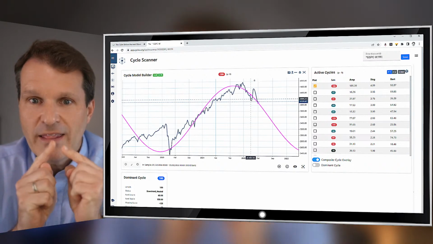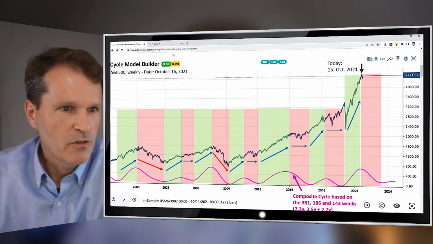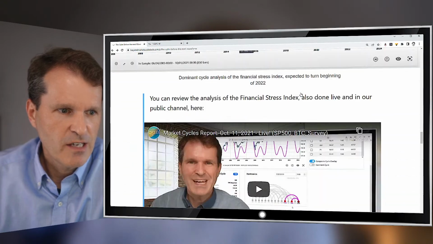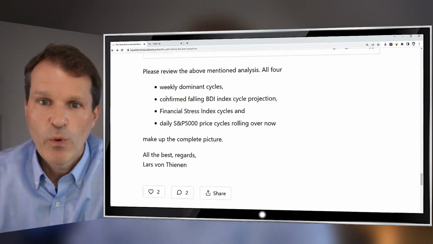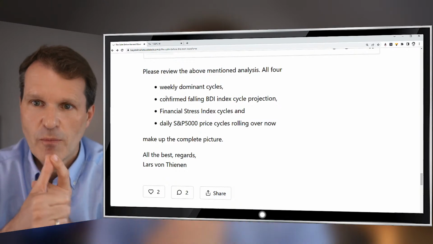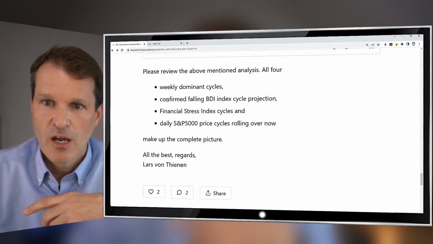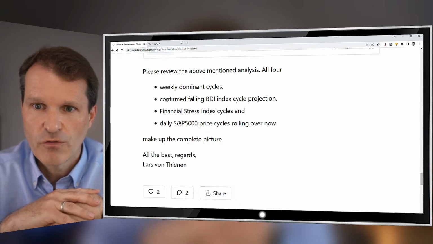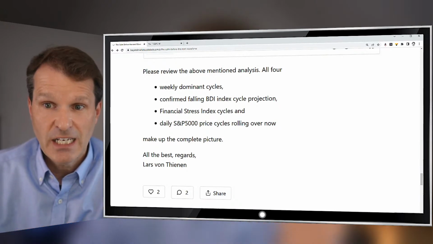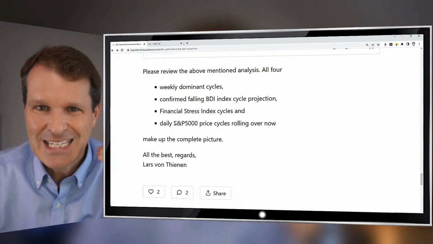And the reason when these cycles worked out, and therefore I just want to remind you of this, it's not just one cycle. In this analysis here I did, we had an alignment of the weekly dominant cycles of the S&P, the financial stress index. We had the same situation in the Baltic Dry Index, which confirmed this cycle. We had the financial stress index, which also pointed to the major low, and the daily cycles.